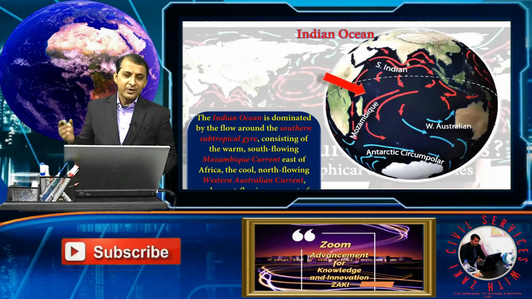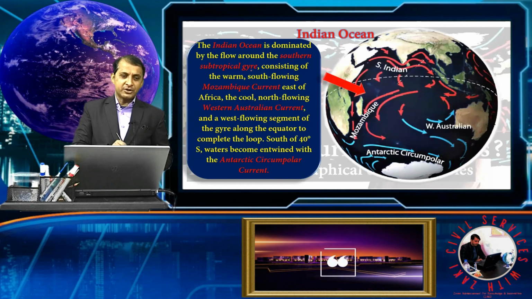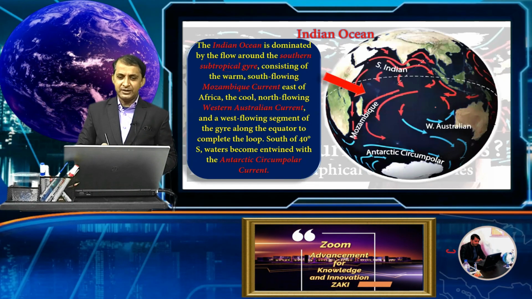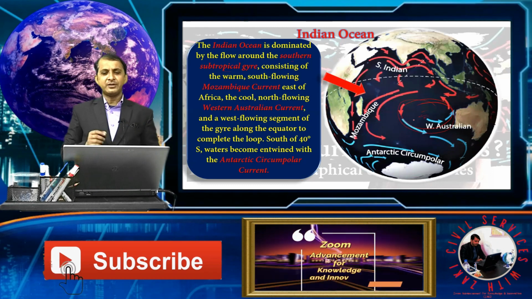The Indian Ocean is dominated by a flow around the southern subtropical gyre. These are the southern subtropical gyres in the Indian Ocean.